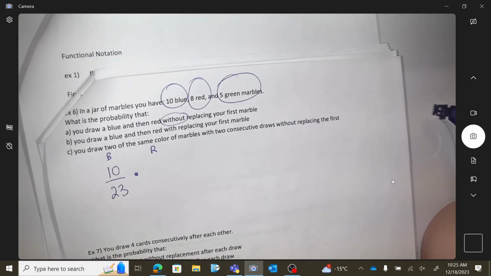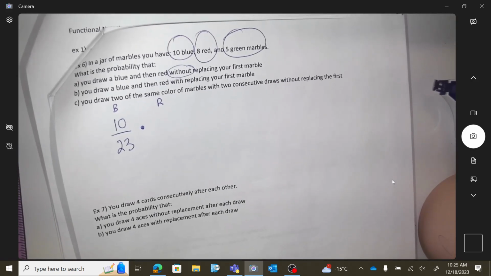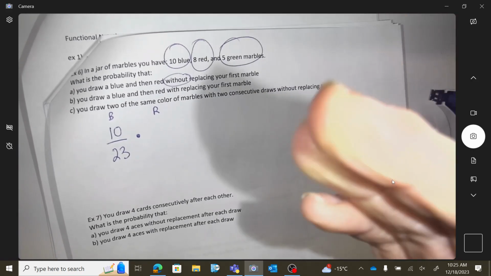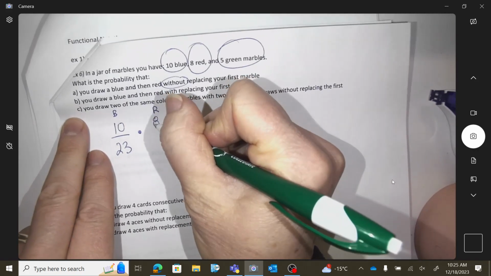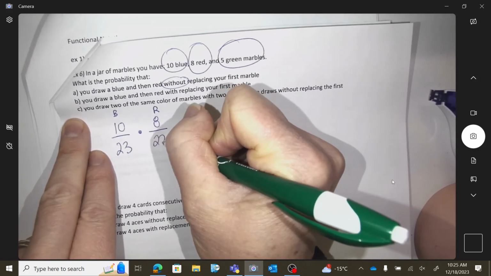Then I need to get a red. I didn't put my blue marble back. My blue marble is now in my pocket. So how many red marbles? 8. How many marbles are in that bag though? 22.